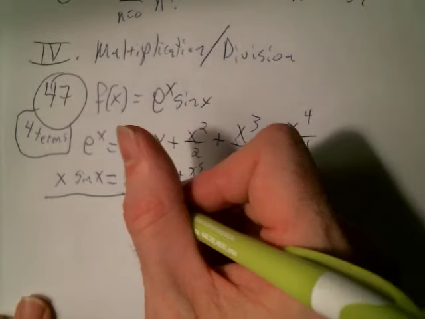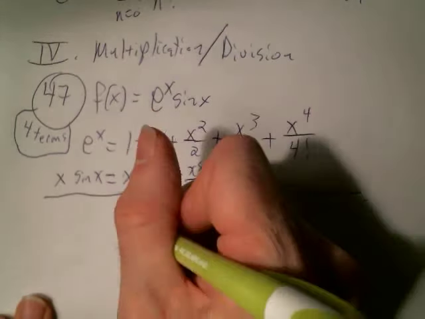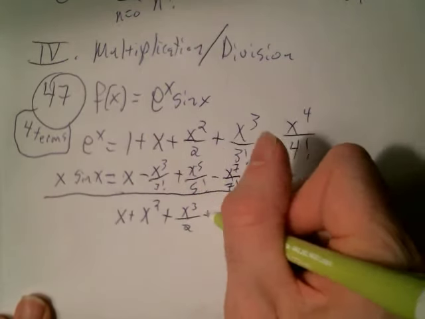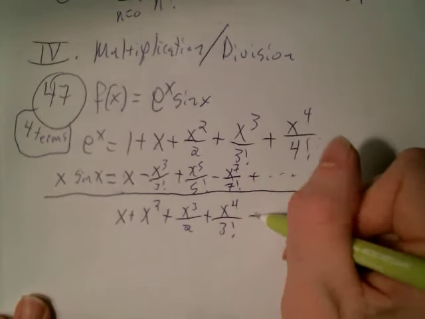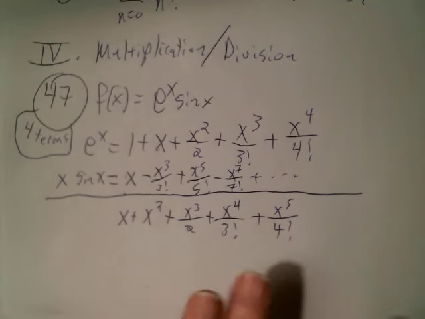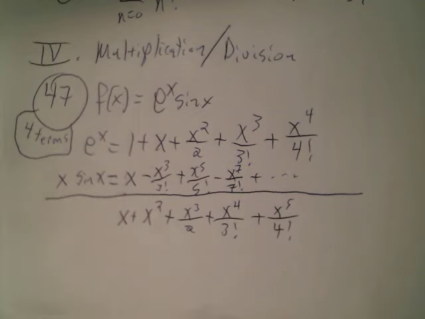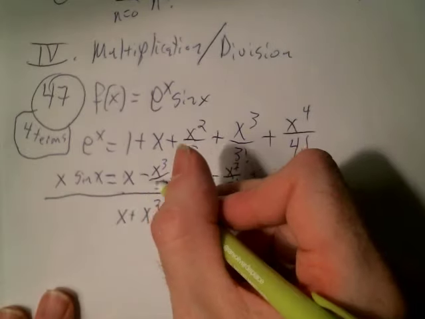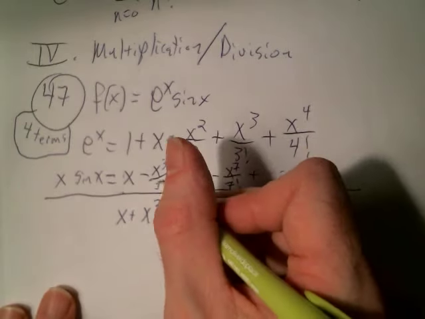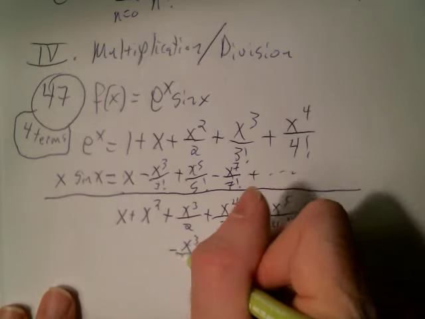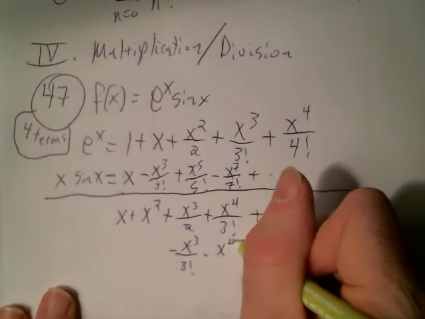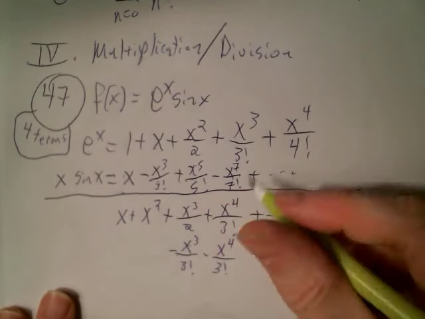So I'll multiply through by x, distributing through here, you get x plus x squared plus x cubed all over 2 plus x to the 4th all over 3 factorial plus x to the 5th all over 4 factorial. And you just keep going until you get enough terms that you think are going to give you the 4 terms that we need. Distribute the negative x cubed over 3 factorial, so that's going to end up over here. This times this gives me negative x cubed all over 3 factorial. And then, sorry, this times this gives me negative x to the 4th all over 3 factorial.